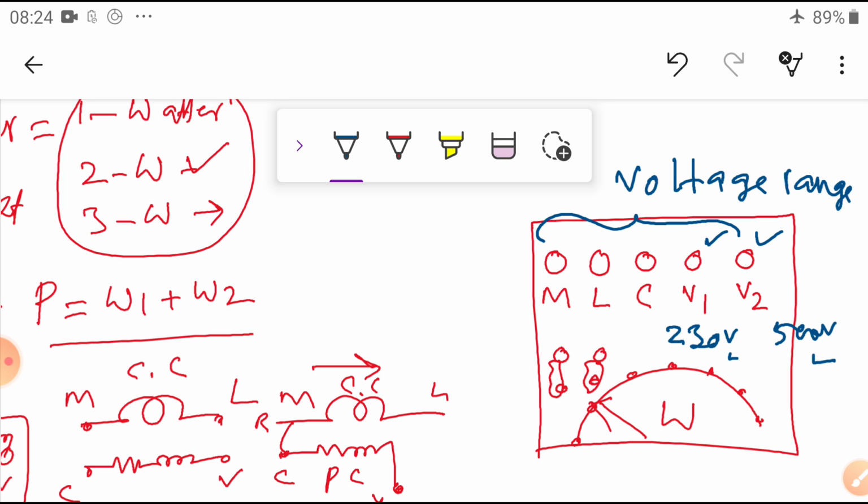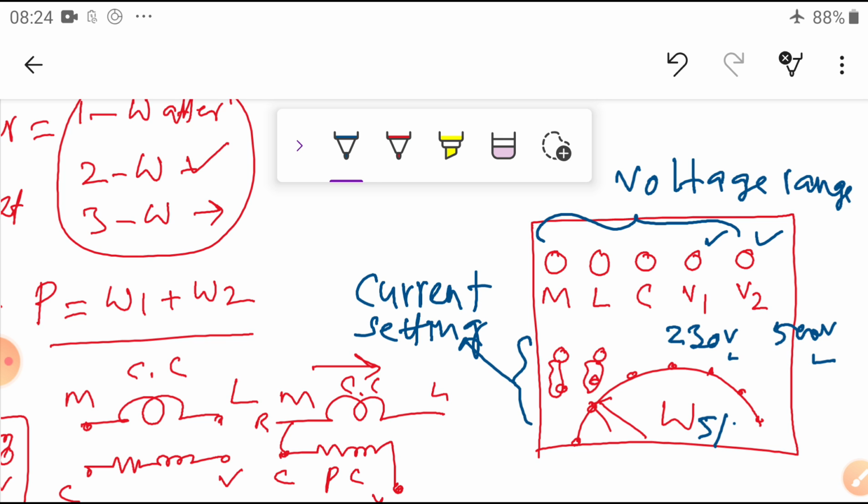Here this area is known as the current setting. What is the meaning of the current setting? This wattmeter can be used, for example, as 5 by 10. That means it can be used up to 5 amperes, or if required I can use up to 10 amperes.